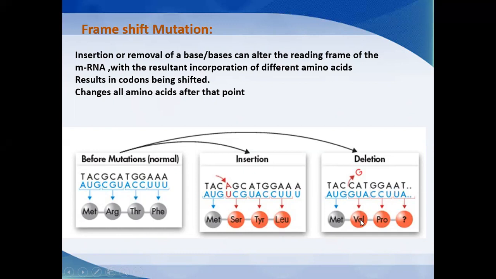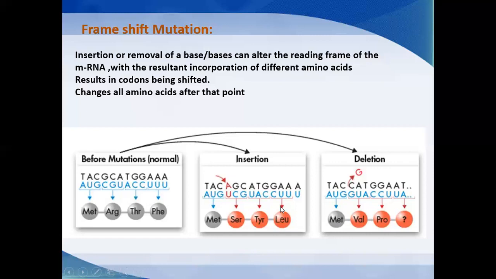By deletion of a G nitrogen base, the corresponding complementary base is also deleted at the time of transcription. CG, AU, and TA become a new codon. That new codon represents another amino acid, valine and proline, and so on. Here we only have two, so that's why we put a question mark.